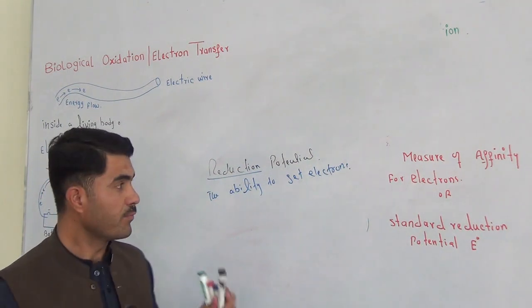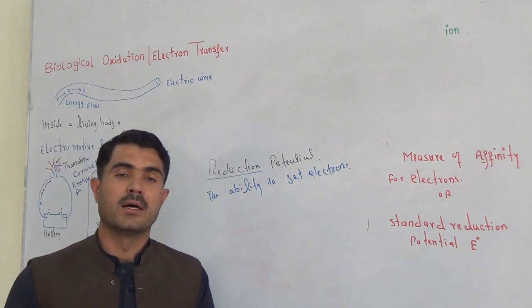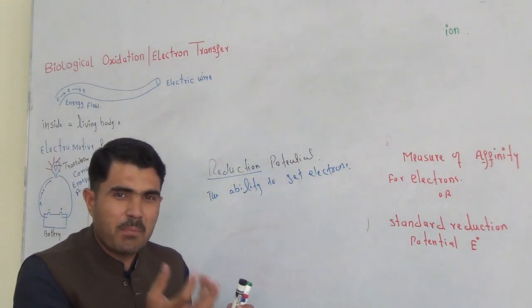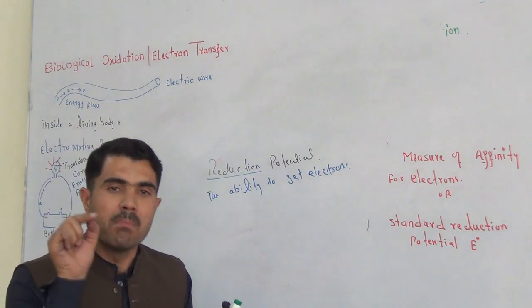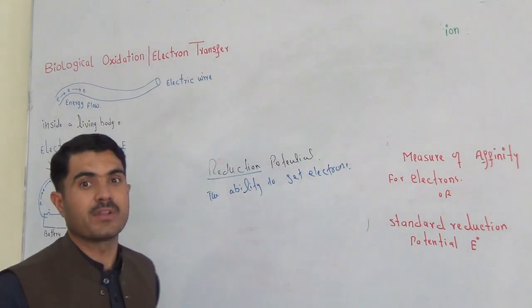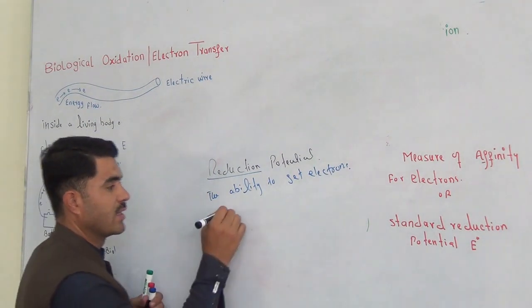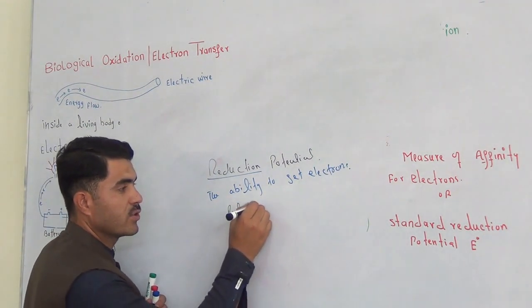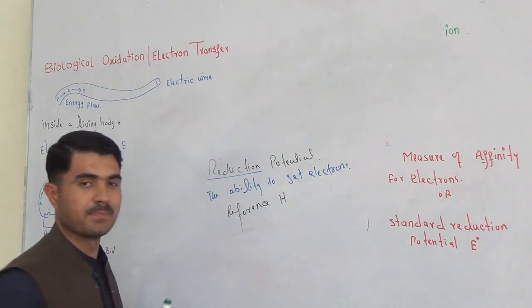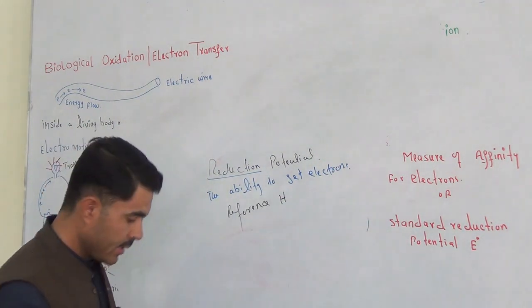Similarly, if we want to compare the reduction power of atoms, we must compare those atoms with some reference. In this case, we will choose a reference that is the hydrogen atom, right?